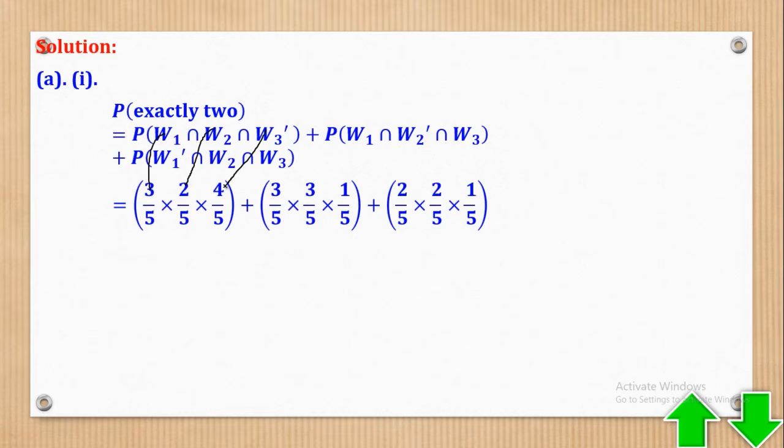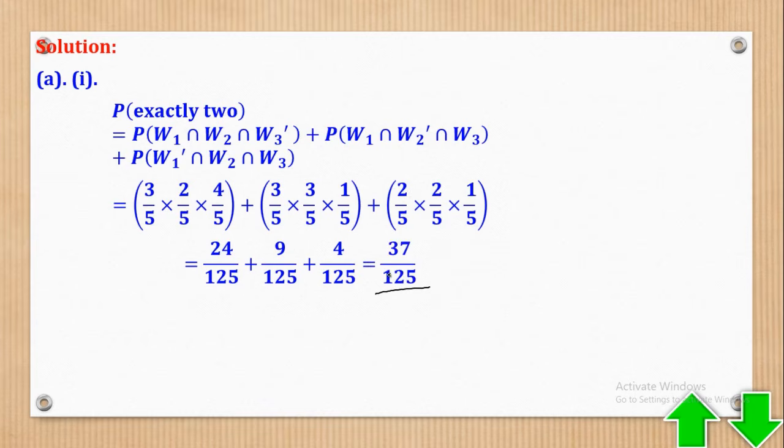Losing is the complement of winning, so 1 minus 1/5, you get 4/5. Then for the second one, this is winning first, losing second, and winning third. Then this is losing first, winning second, and winning third. So when I add all those ones, I'll come up with 37/125.